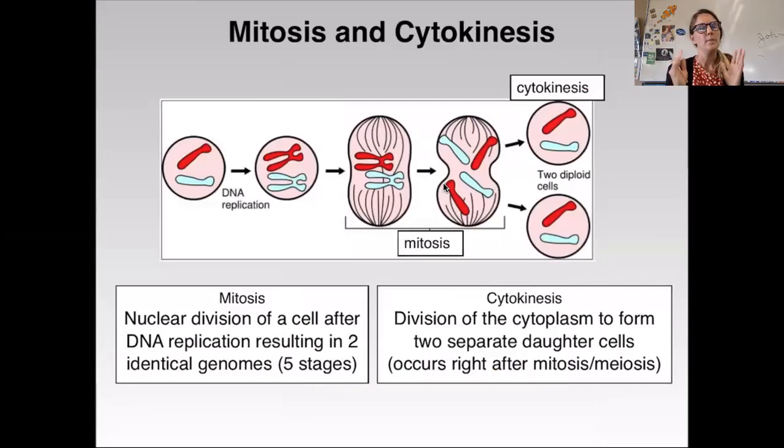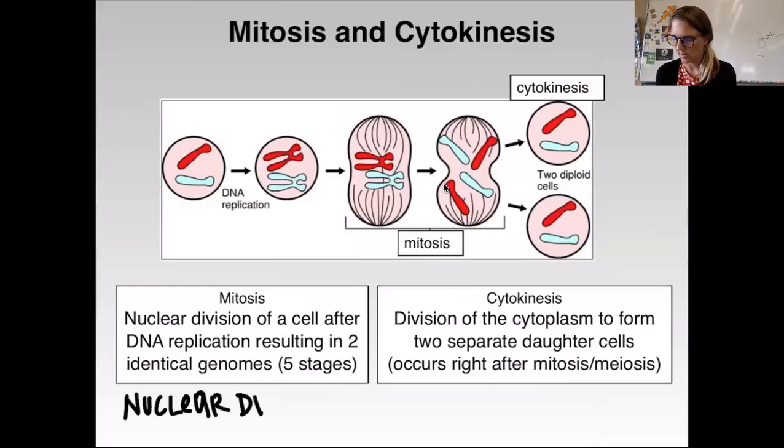Okay, so mitosis versus cytokinesis. People often use these interchangeably, and that's not actually correct. Mitosis really refers to the nuclear division, right? Inside of the nucleus, in particular, kind of the DNA, right?